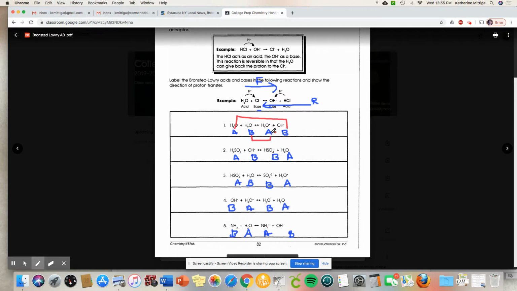H2O and H3O plus hydronium, that's a conjugate acid-base pair. Acid on one side, base on the other, base on one side, acid on the other. Notice the only difference between them is a proton. So those are the conjugate pairs.